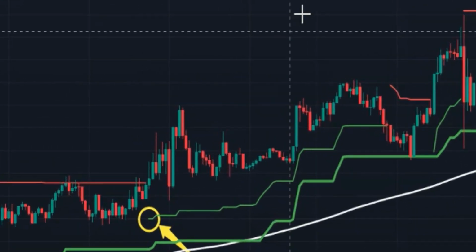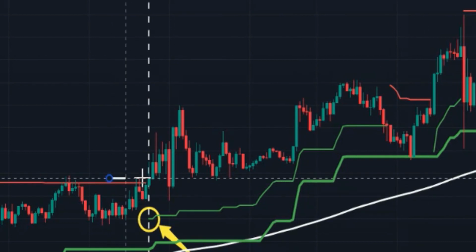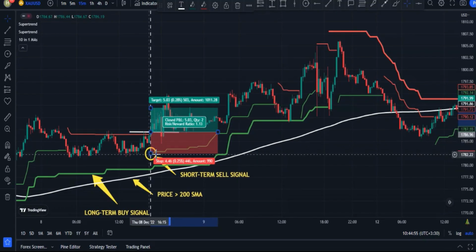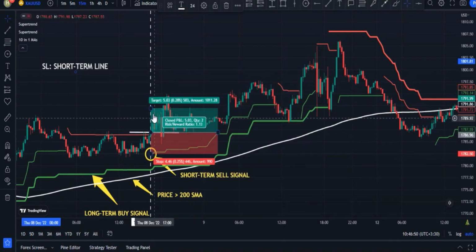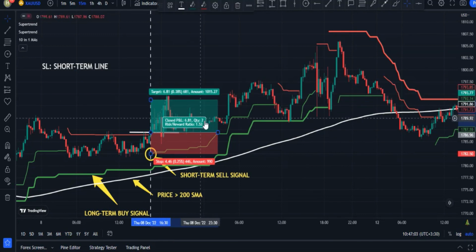Now we can enter a buy trade at the close of the signal candlestick. Place the stop loss below the short-term Super Trend line. Then set the trade target 1.5 times greater than the stop loss value.